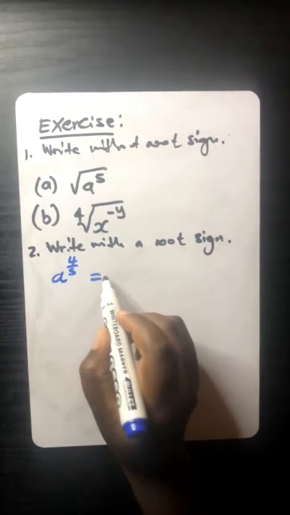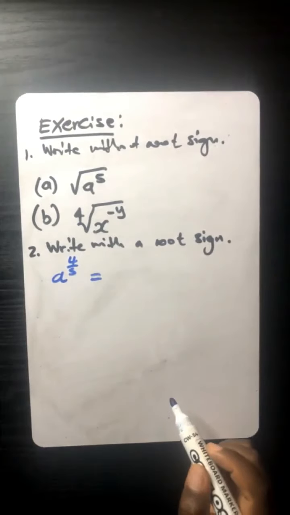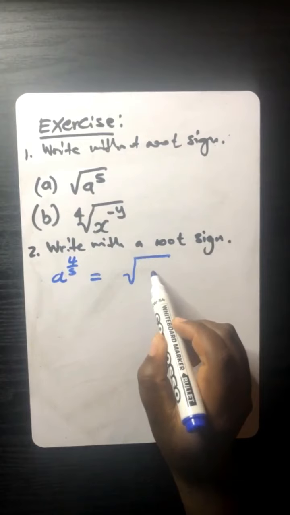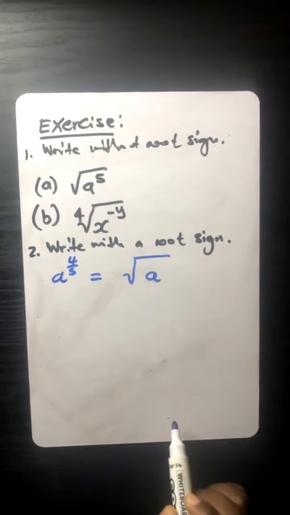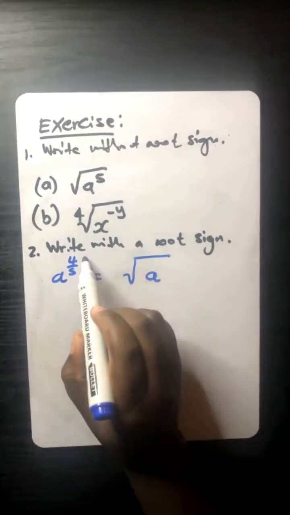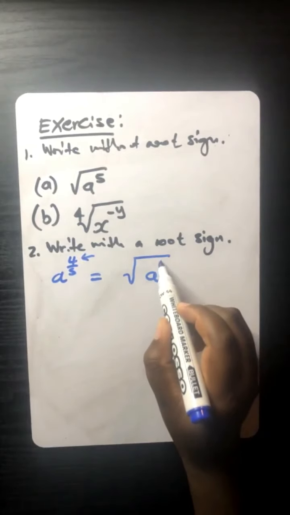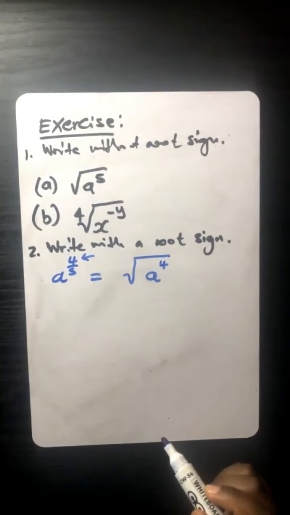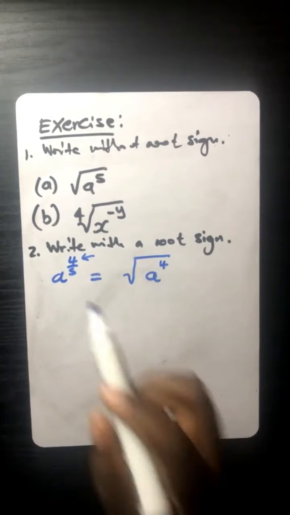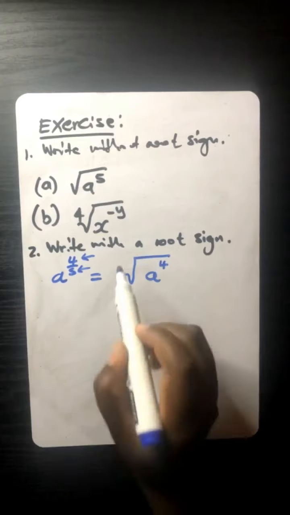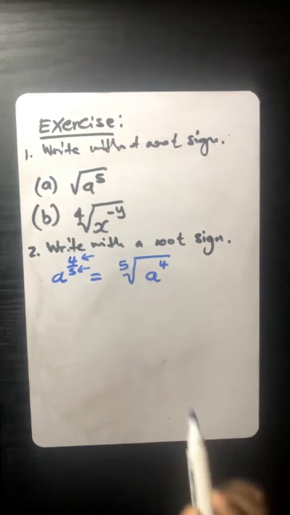This one is just a reverse of everything that I've explained. Obviously, you're going to have the root of the base, which is a. Whatever is the numerator becomes your exponent, which is 4. Whatever is the denominator becomes the root that you write over there.